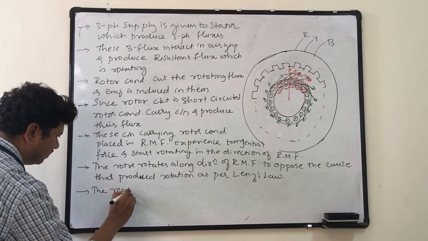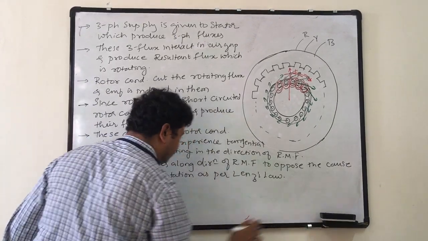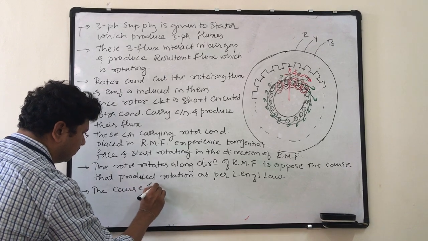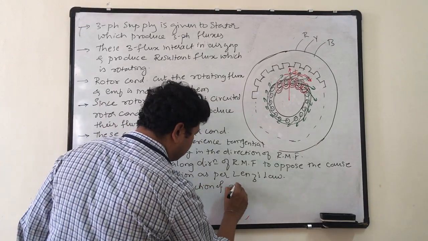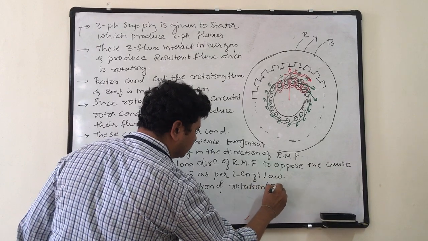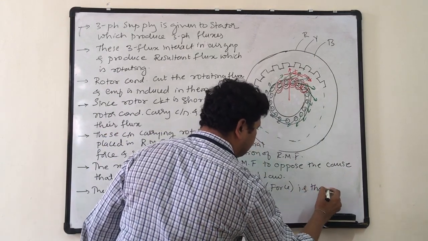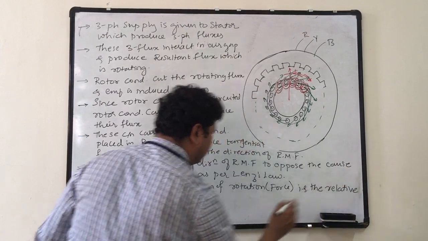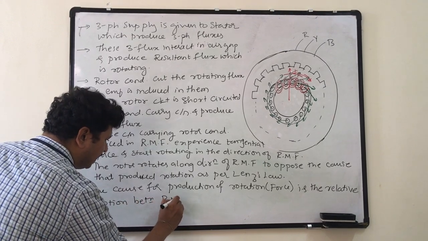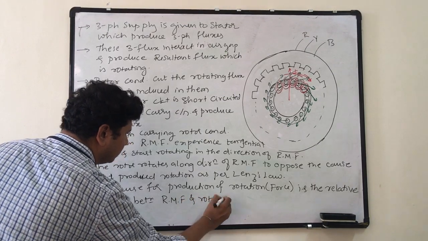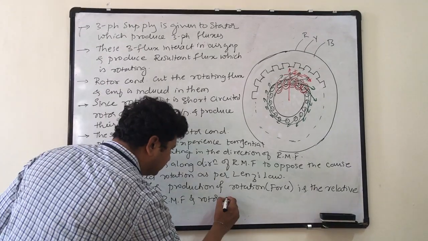The cause for the production of rotation or force is the relative motion between the rotating magnetic field and the rotor.